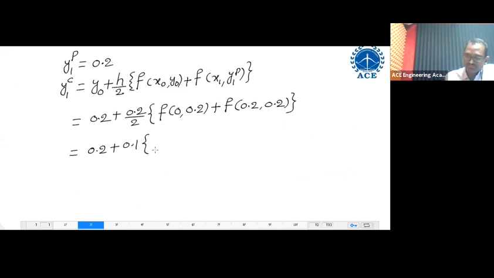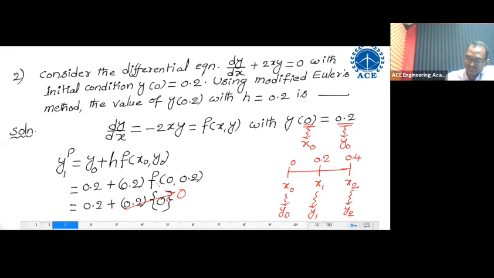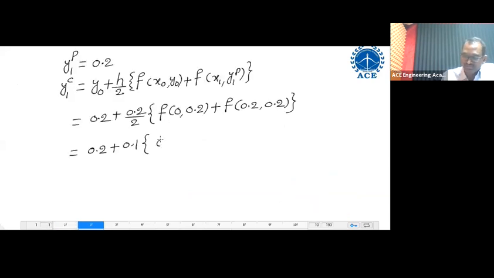F of 0 comma 0.2, look here everyone. F of 0 comma 0.2 is 0, already found here. X value 0, y value 0.2, here 0 into 0.2 is 0.